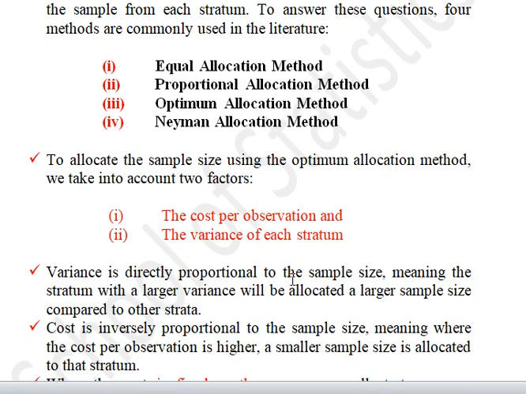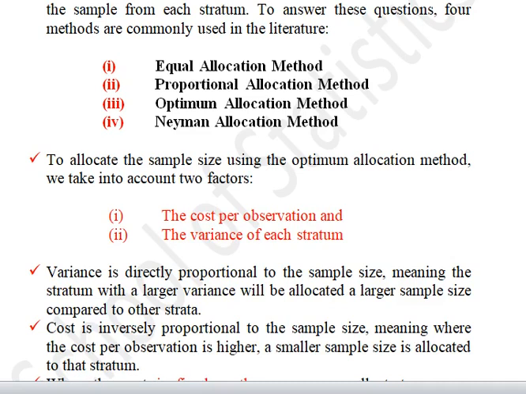Variance is directly proportional to the sample size. What is the meaning of this? It means the stratum with the larger variance will be allocated a larger sample size compared to other strata.